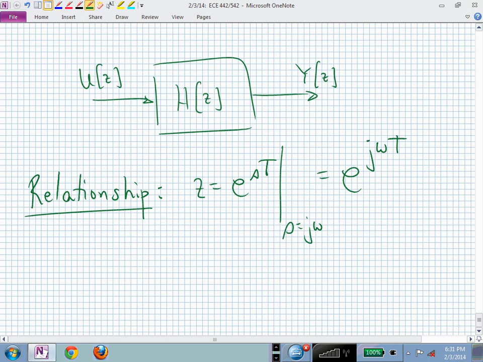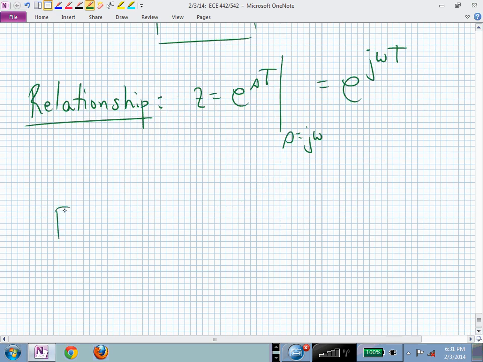And that's actually our frequency response for a discrete time system. This is now saying that we will replace z everywhere in our transfer function with e to the j omega t.